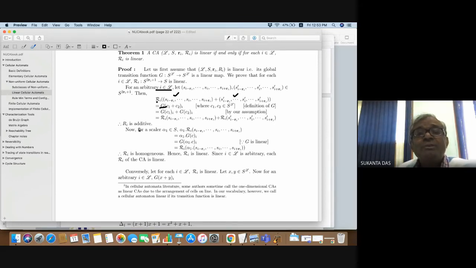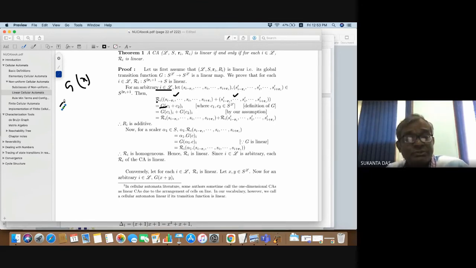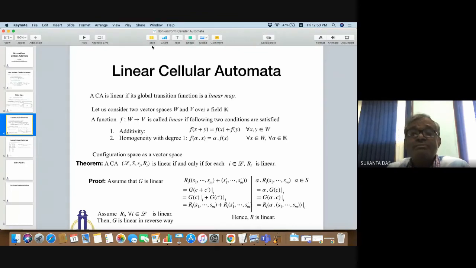How? Recall how we find this g. How do we find this g, say g of x? I have to go to Jamboard. It's not working.